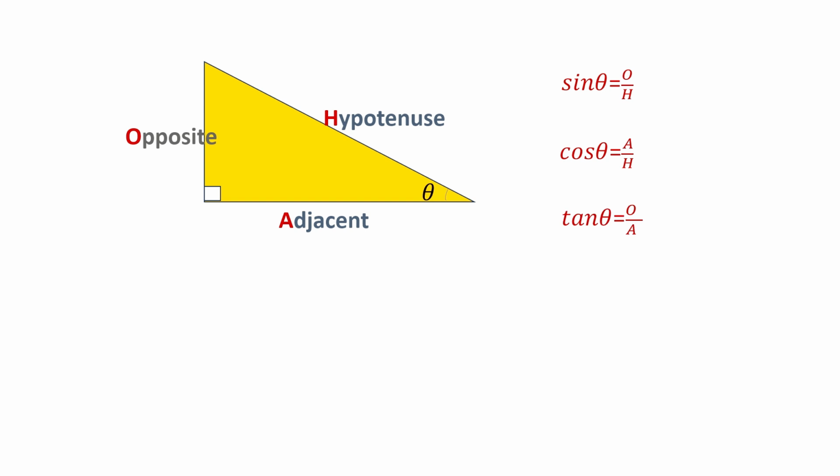Then tan is opposite divided by adjacent. So we know tan is opposite divided by adjacent, then I can rewrite this like this. And we know opposite divided by hypotenuse is sine, and this is cosine. So this one equals sine divided by cosine. So easy, right? Yes, it's easy when I do it for you, when I tell you this is this, okay?